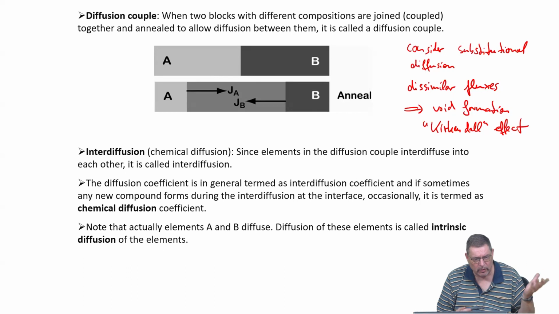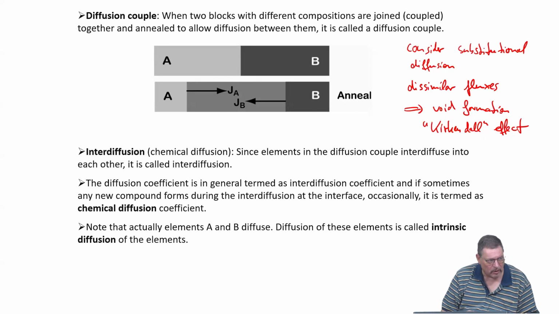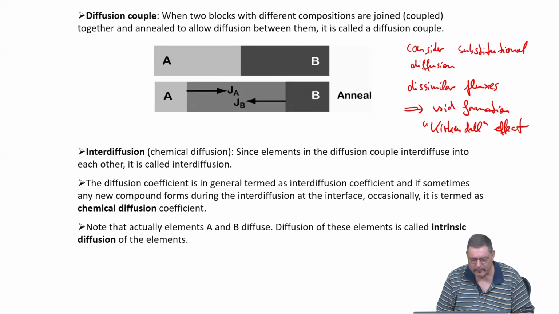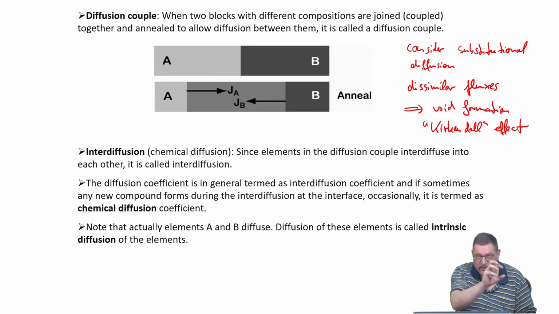Only if a new compound is formed, so if you have a reactive diffusion, a new compound at the interface, then one would call it chemical diffusion coefficient. In fact, atoms A and B are diffusing across the interface, and that means we have to distinguish between the individual constituent diffusive fluxes.